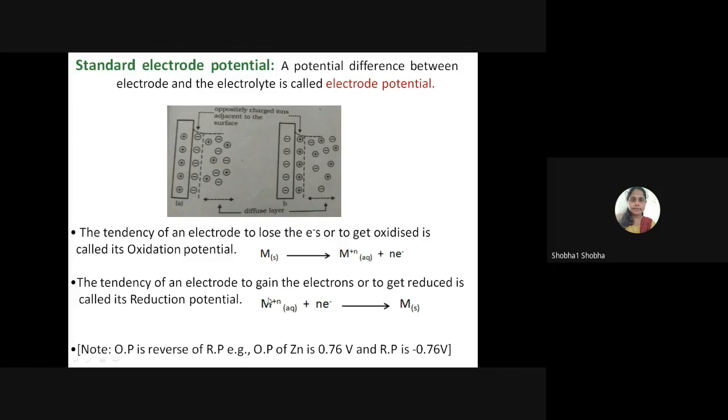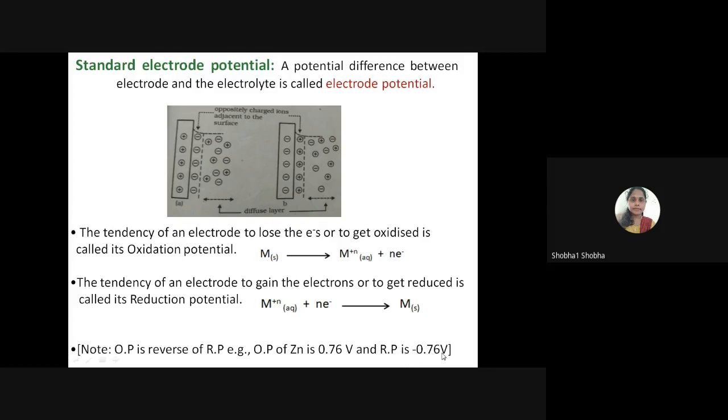That means every metal has its own oxidation and reduction potentials. For example, zinc you have taken, it has undergone oxidation, therefore oxidation potential, right? Copper has undergone reduction, therefore reduction potential, right? But in general, oxidation potential is the reverse of the reduction potential. For example, if the oxidation potential of your zinc is 0.76 volt, because electrode potential is measured in volts, then its reduction potential will be minus 0.76 volt.